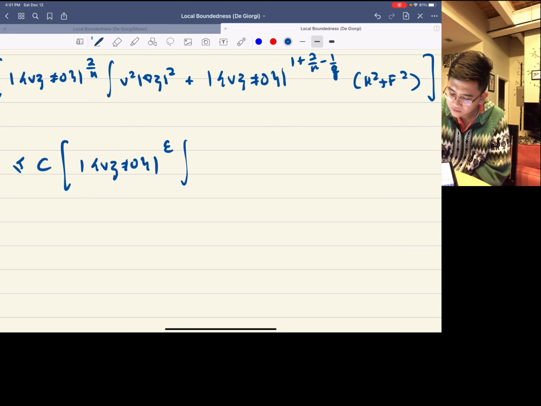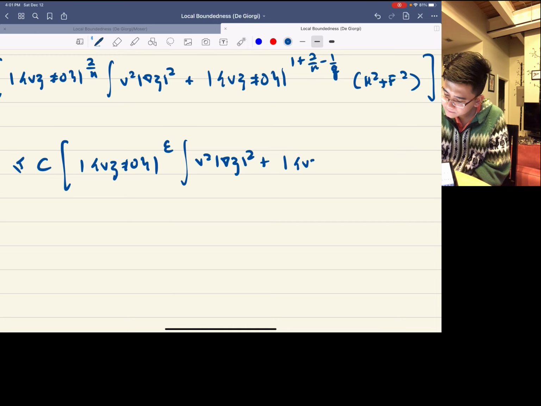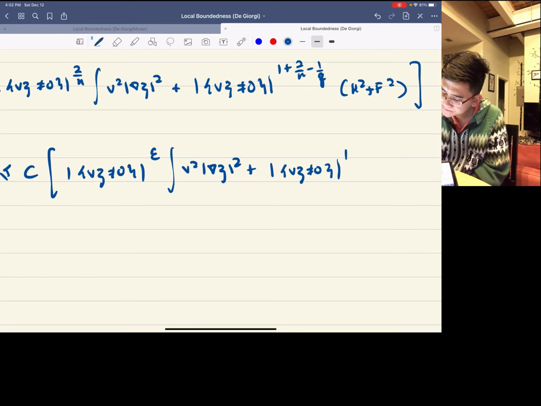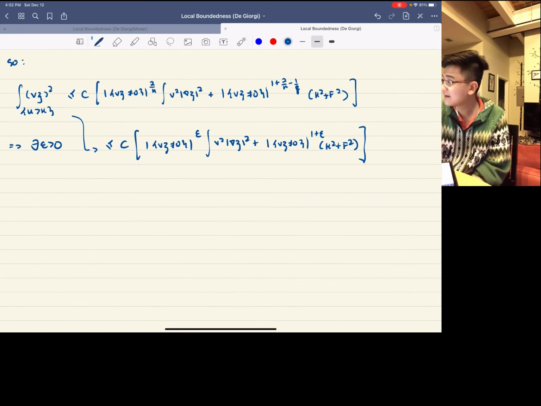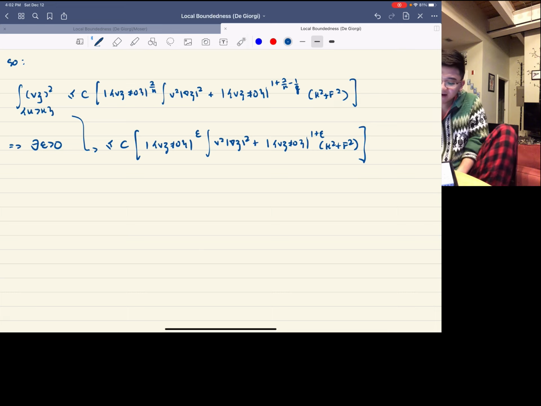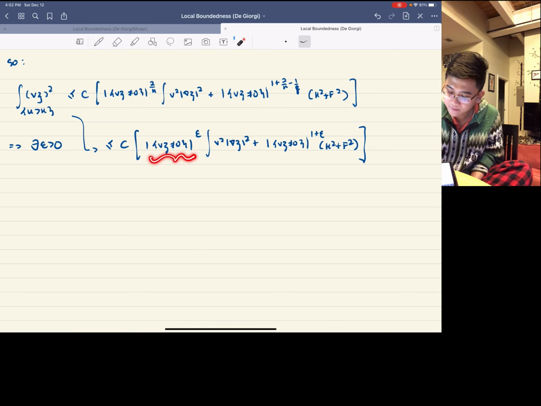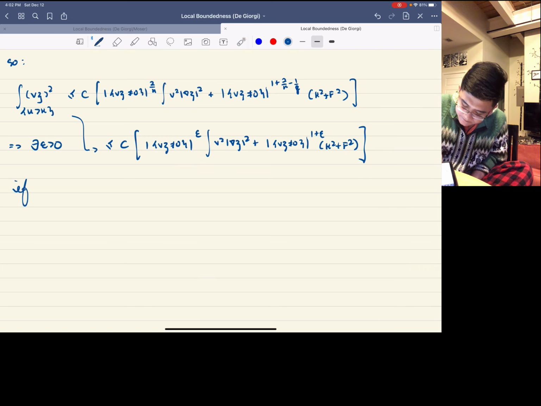It's easy to argue that such an epsilon exists, plus this raised to 1 plus epsilon times k squared plus f squared. Okay, so we have this, provided that, of course, this is small enough.